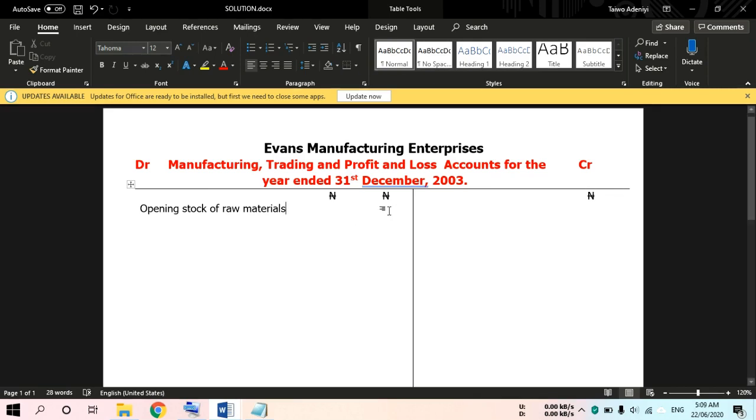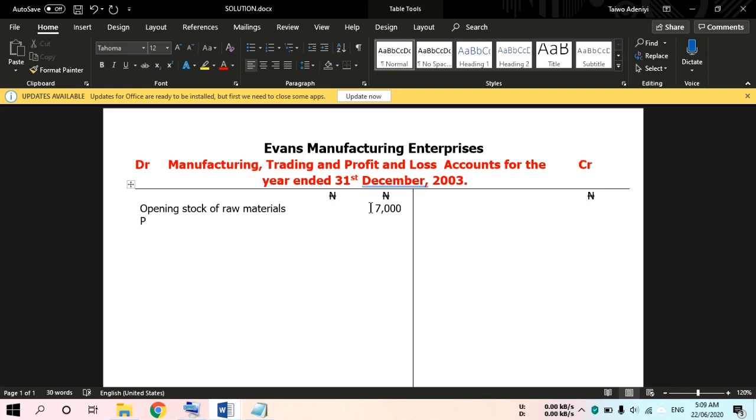Before we know whether we are going to put it on the first column or the second column, I think we'll go ahead and put it there, that is when we are dealing with purchases. So 7,000 naira.